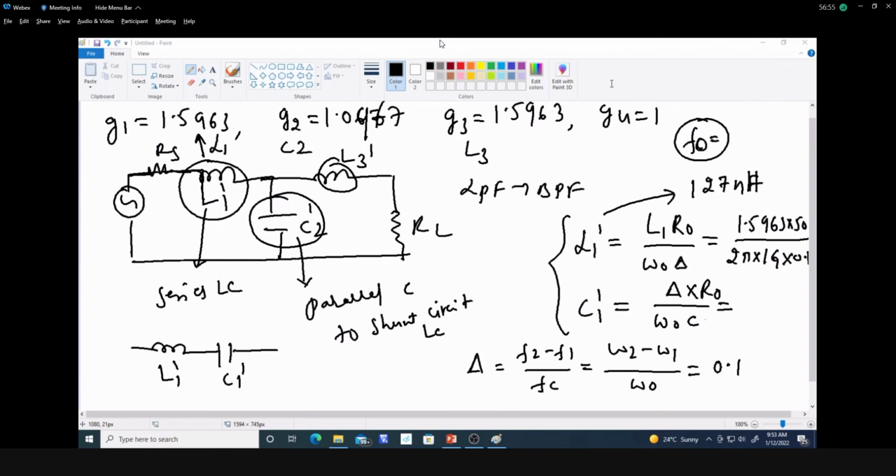C dash, C1 dash, 362 picofarad. 362. Check it once. So is it correct?